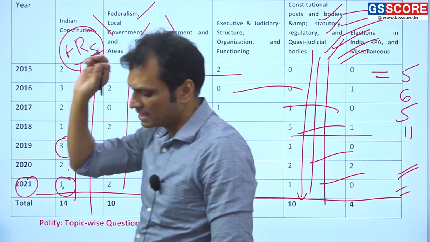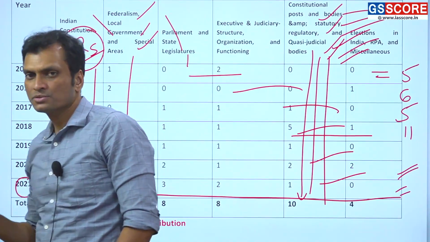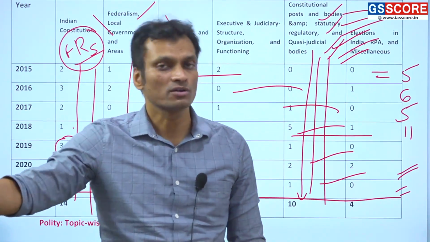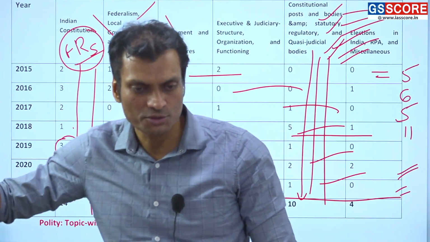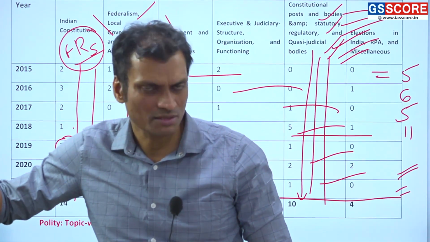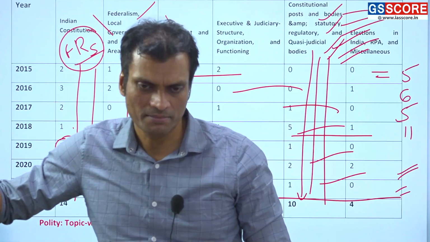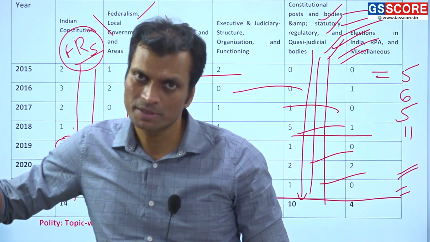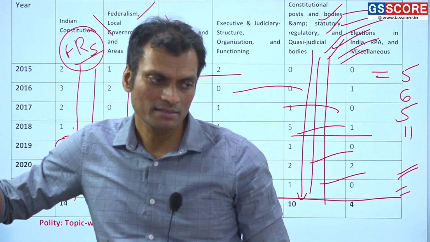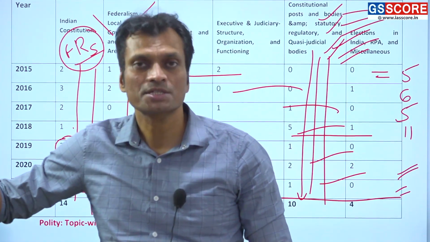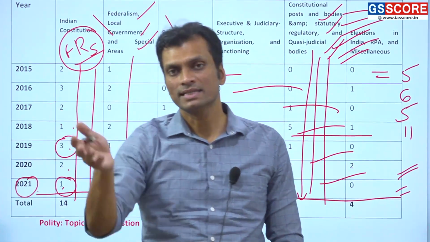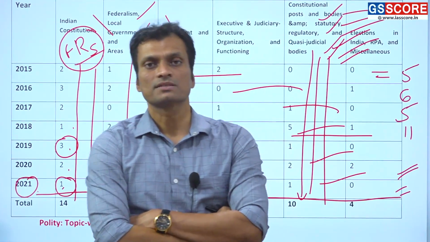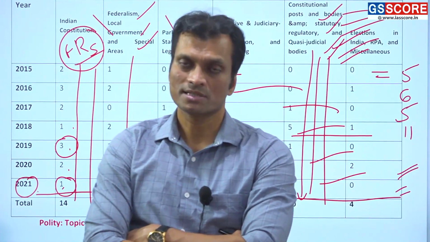CBI came because it was in the news, and so much debate was going on. So in trend, always understand that the trend we can take from the last year's or any year's question paper is that whatever is in the news or in debate for a longer period of time and has a connection with some systemic issue of the constitution, like here it is connected with center-state relation. 14th Finance Commission was also linked with center-state relation.